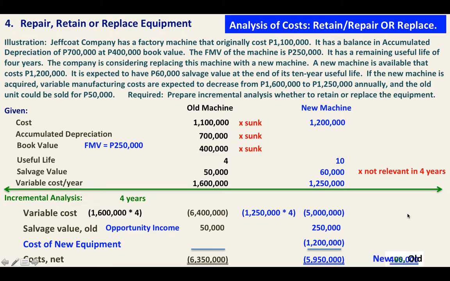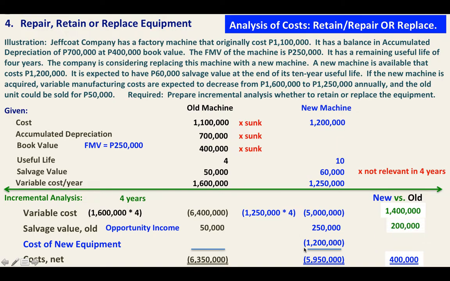So here, if we are making a detailed comparison or incremental analysis between the new machine and old machine, we will have 5 million minus 6.4 million, you will have a positive 1.4 million. And then 250,000 minus 50,000, you have 200,000.